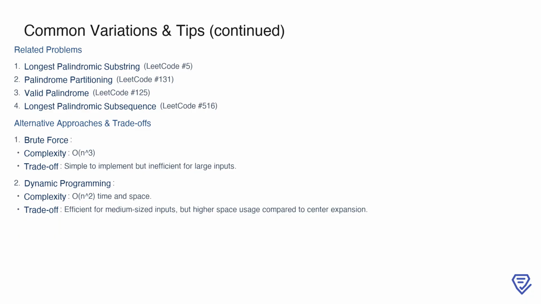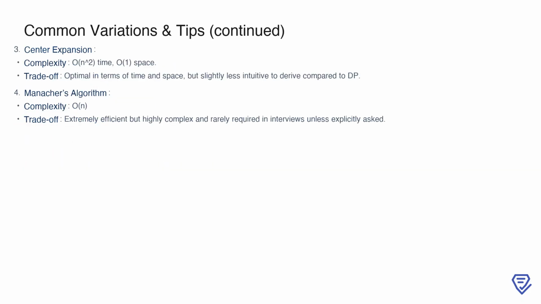Center expansion is another popular and efficient technique for solving the longest palindromic substring problem. Its time complexity is n squared, but it only requires O(1) space, making it optimal in both time and space efficiency. However, it may be slightly less intuitive than dynamic programming for some, as it relies on identifying and expanding around potential palindrome centers.